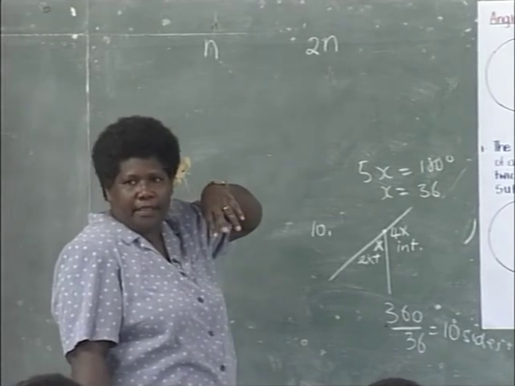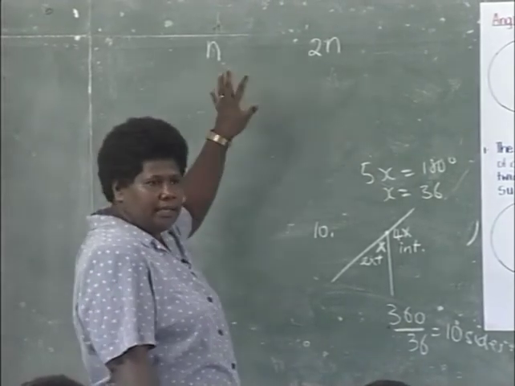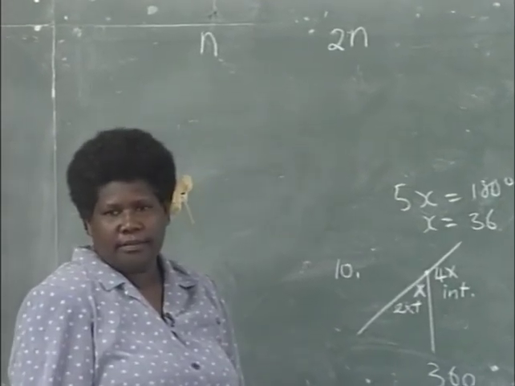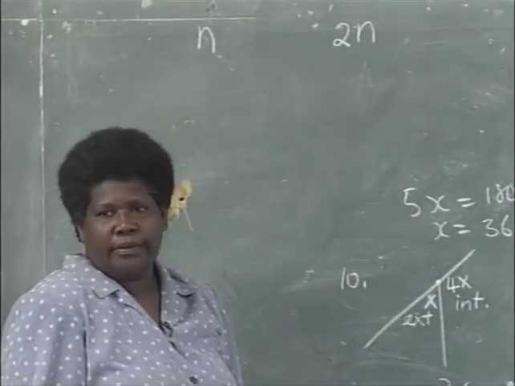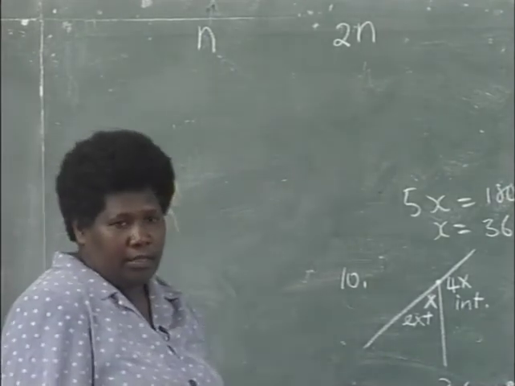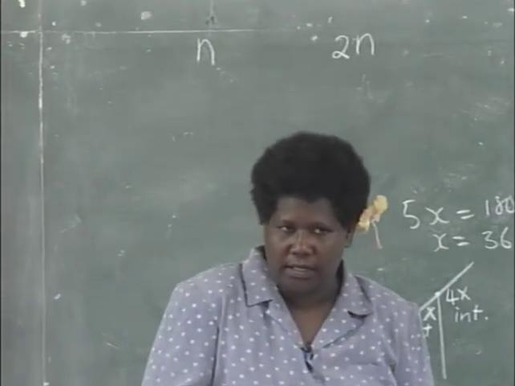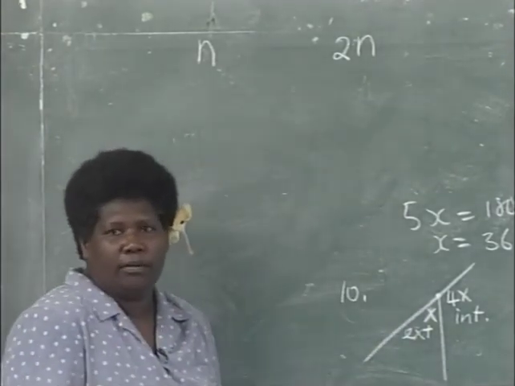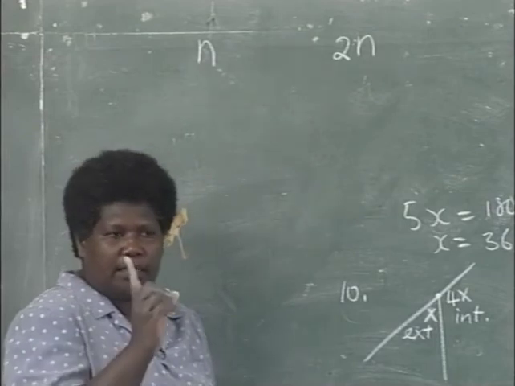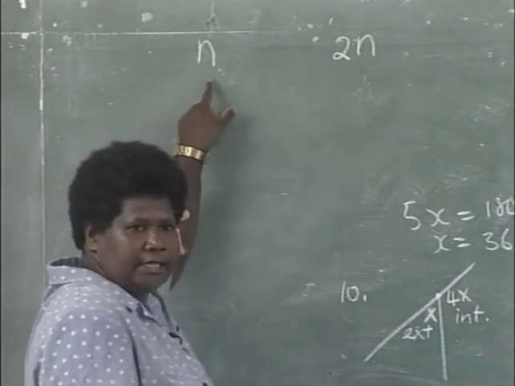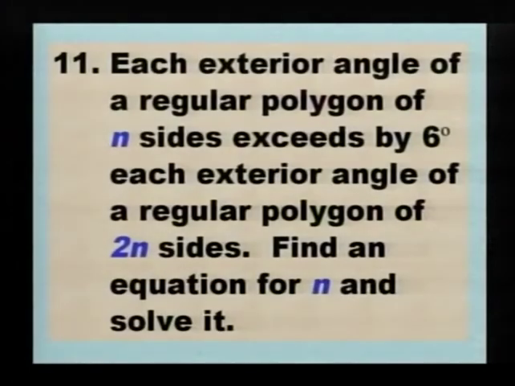Remember that if there are n sides, there are also n angles. Also the sum of the exterior angles is always 360 degrees. So if I wanted to find one exterior angle, given that this polygon has n sides, how would I do it?